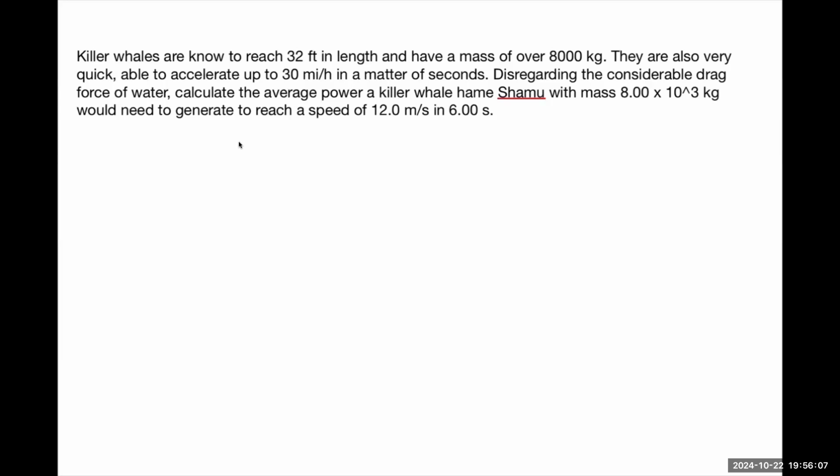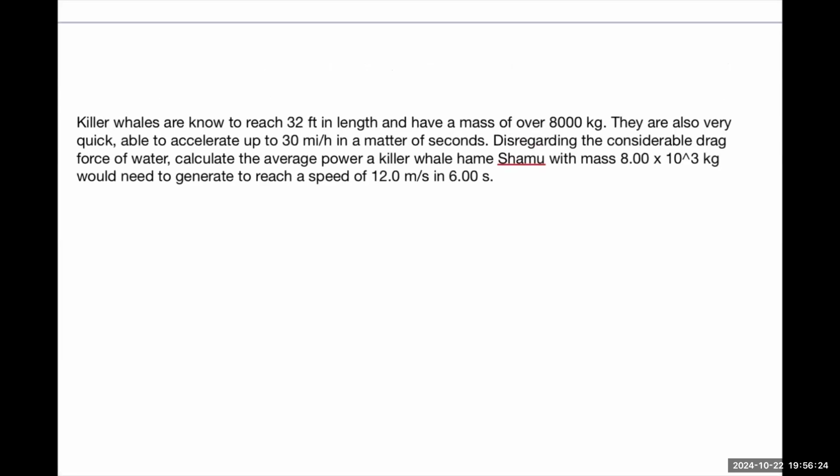Disregarding the considerable drag force of water, calculate the average power a killer whale named Shamu with mass 8,000 kilogram would need to generate to reach a speed of 12 meter per second in 6 seconds.